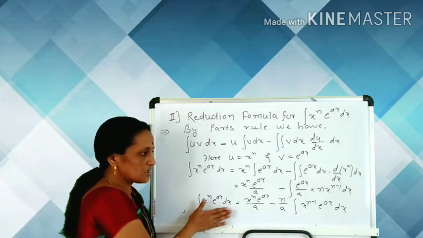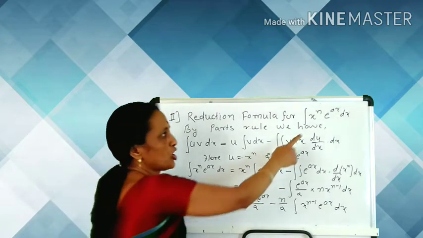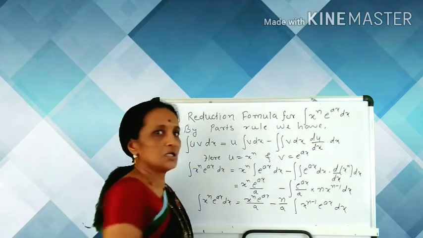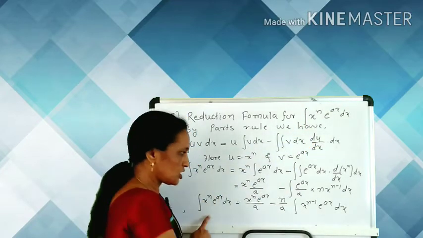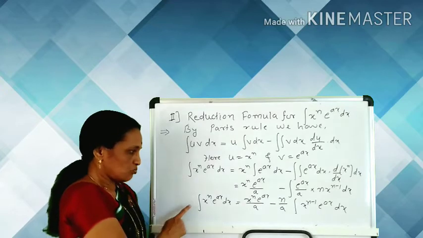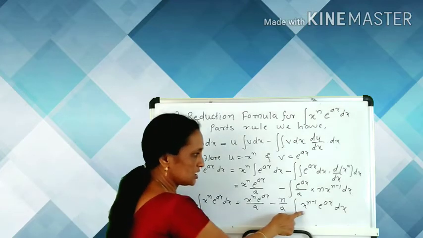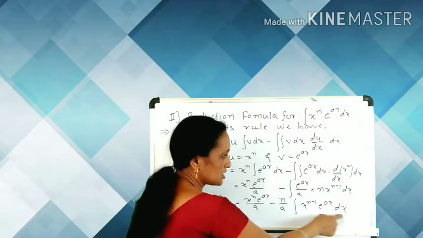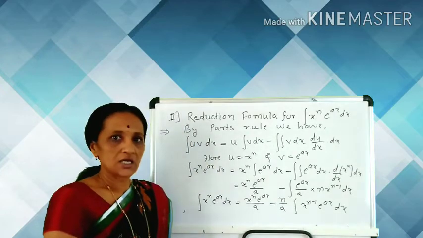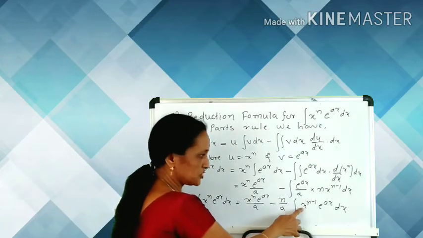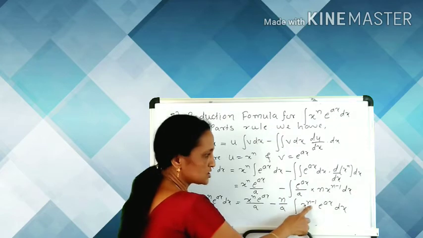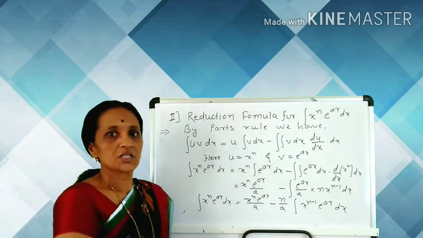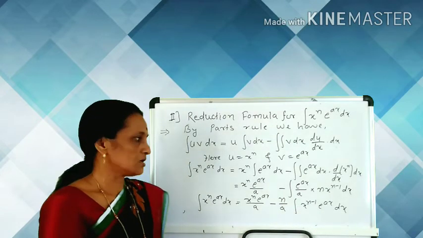This is the required reduction formula for x raised to the n e raised to the ax, because in this formula, on the RHS the integral is present, and in that integral the power of x is reduced, and so we say that this is a reduction formula.